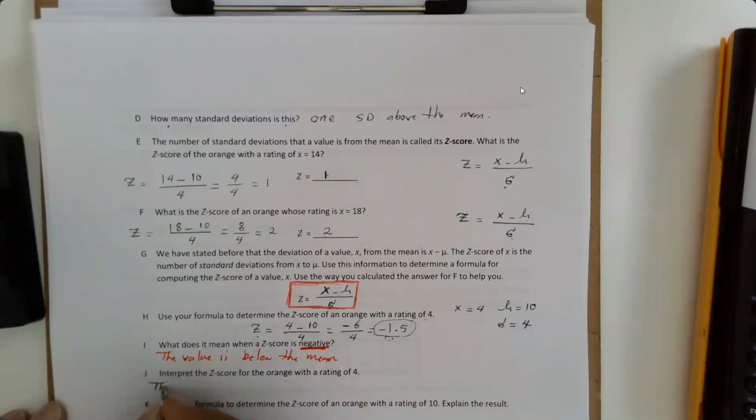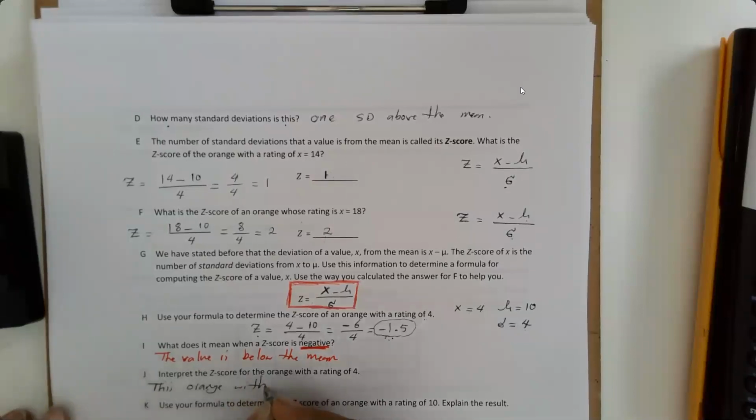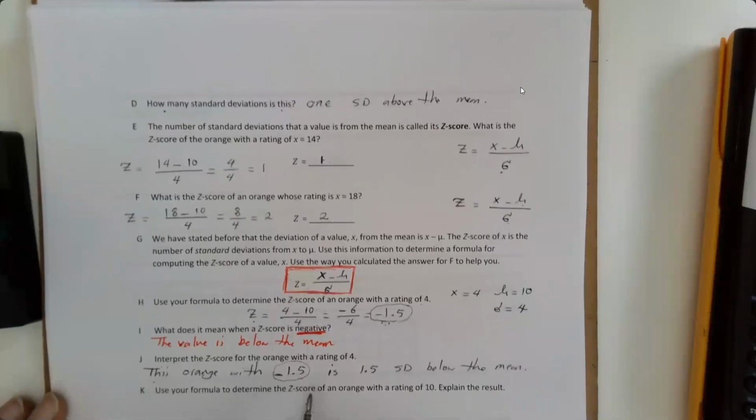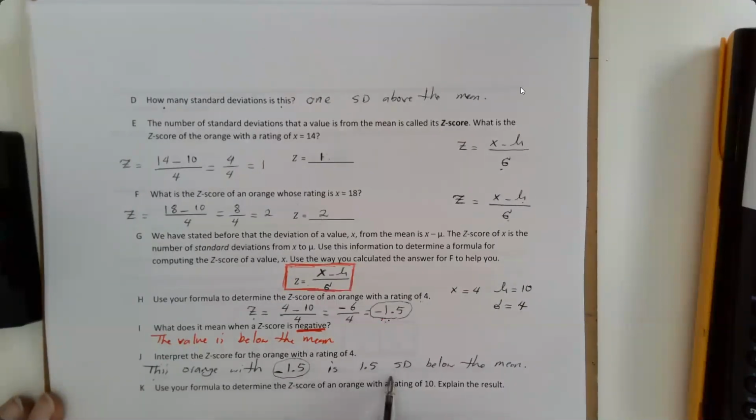So this orange with a z-score of negative 1.5 is 1.5 standard deviations below the mean.